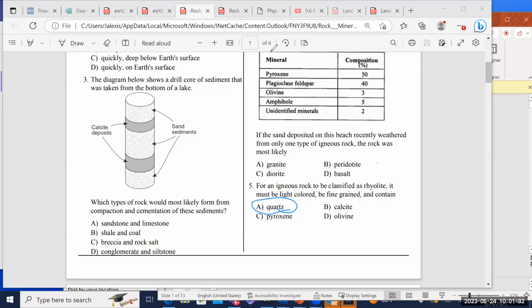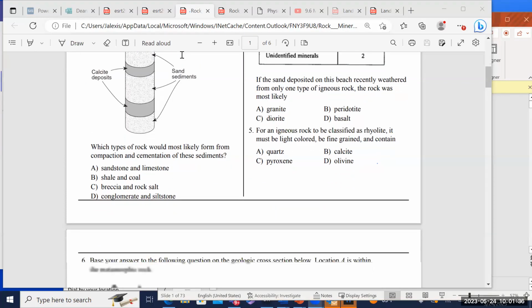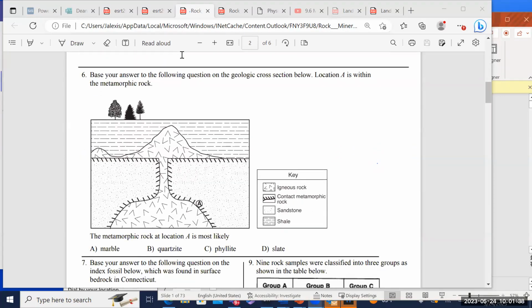Let's take a look at number 6. Number 6 says, base your answer to the following question on the geologic cross-section below. Location A is within the metamorphic rock. The metamorphic rock at location A is most likely what?